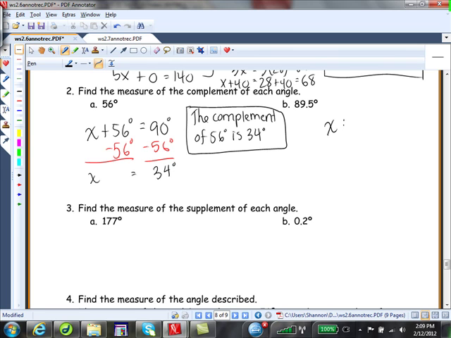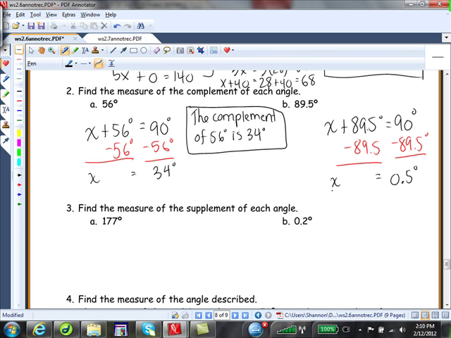Okay, similarly, x plus 89.5 degrees is 90 degrees. Subtract 89.5 degrees from both sides of the equation. X is going to be equal to 0.5 of a degree.